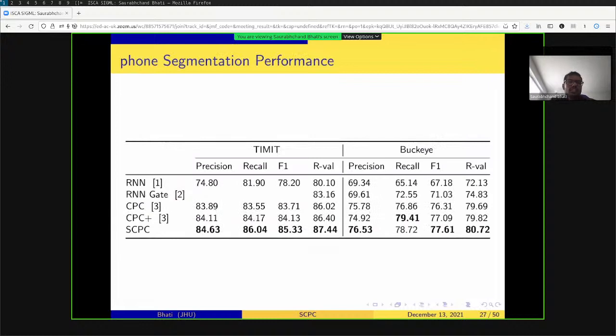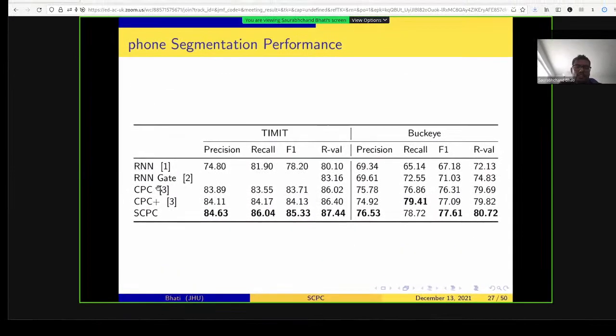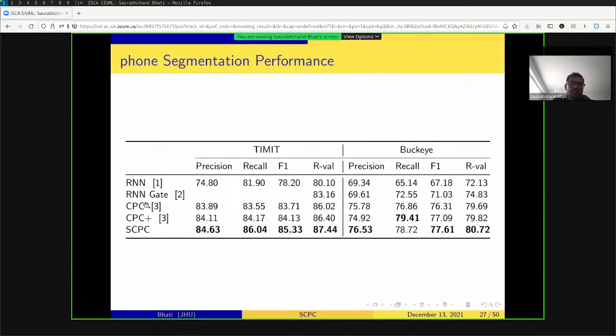So now we look at the phone segmentation performance, and the most recent method that we are building on is the CPC-based system, which was the current state of the art. If you look at the results comparison between CPC and SCPC, as you can see, we increase the phone segmentation performance, but the margin is not that much.